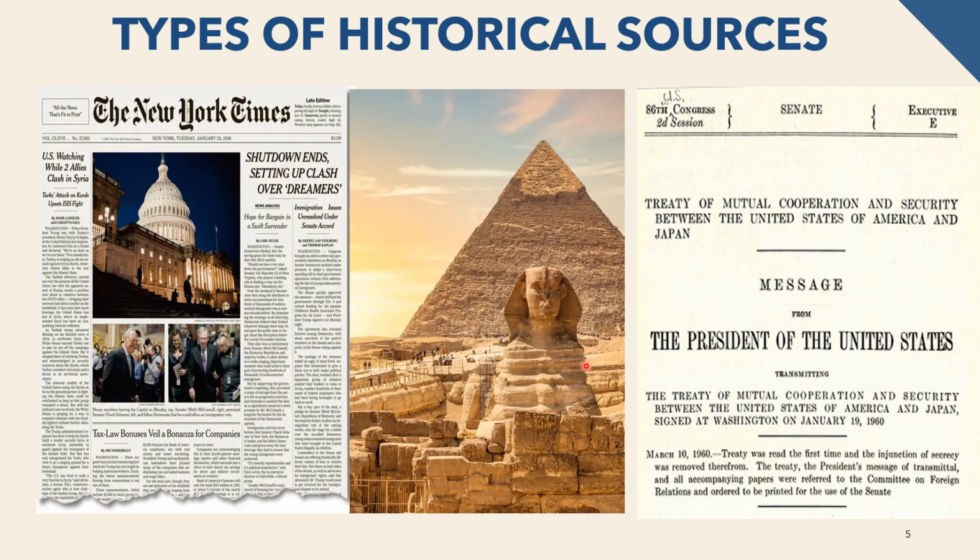In the middle, we have a monument in the form of a pyramid, and to this end, we have a government document. Historians utilize sources similar to these to rebuild the past and write the story of those who were living at the time.